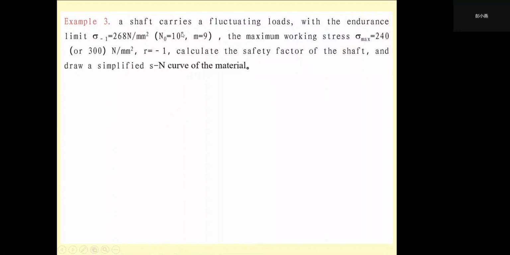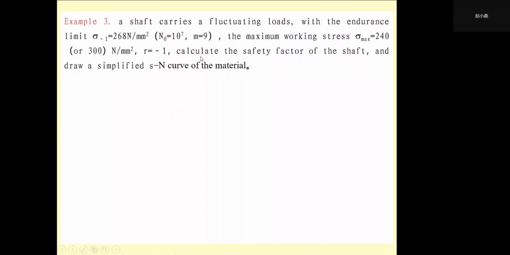N0 is the 7th power of 10, and the material constant m is 9. The maximum working stress is 240 or 300. And the stress ratio is -1. Calculate the safety factor of the shaft. Draw a simplified SN curve of the material.